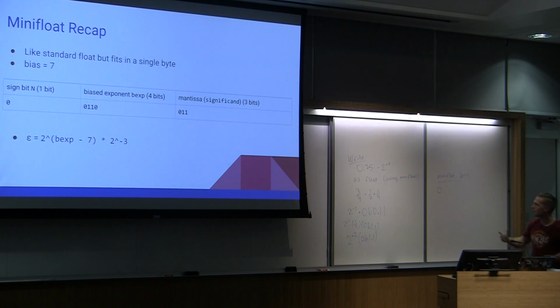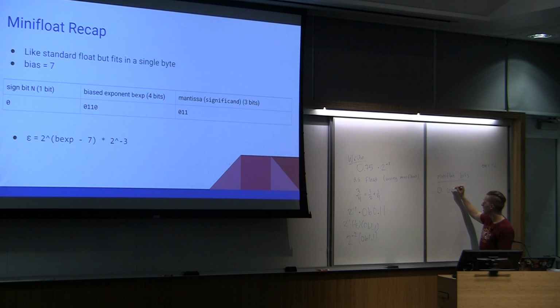So normally when I look at the bits of a float, I subtract the bias. And now I know my exponent is -2. So I need to rebias the exponent before I write it down. So I'm going to add 7 to this number. So I get 5, and so then I'm going to write the number 5 here.